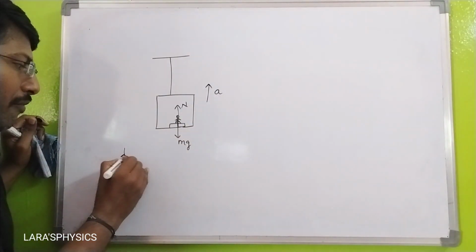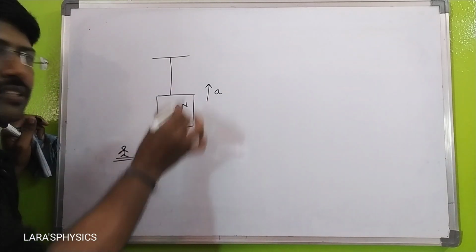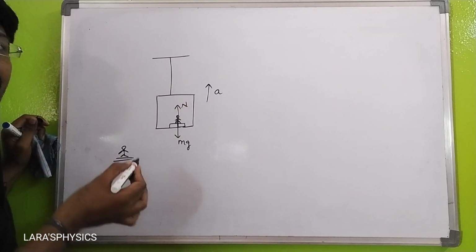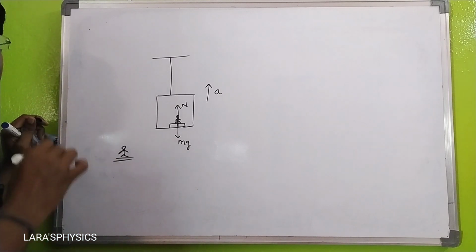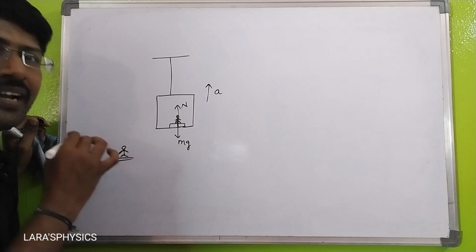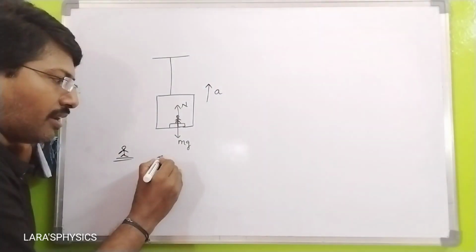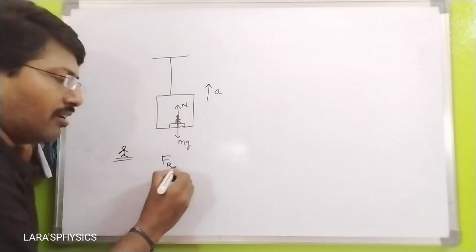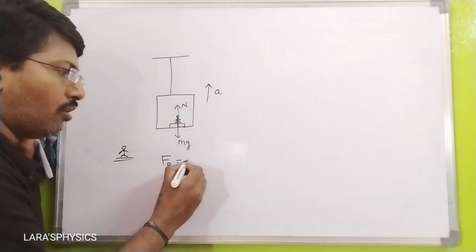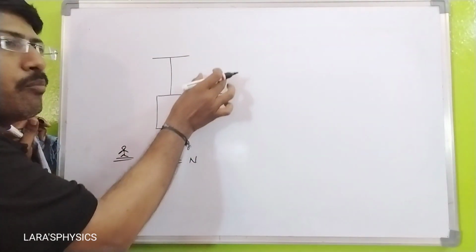If I stand here and observe this entire system, I am standing on an inertial frame, that means the earth. Now I stand on the earth. What happens? This body is moving in the upward direction. According to Newton's second law, the resultant force F is acting in the upward direction.